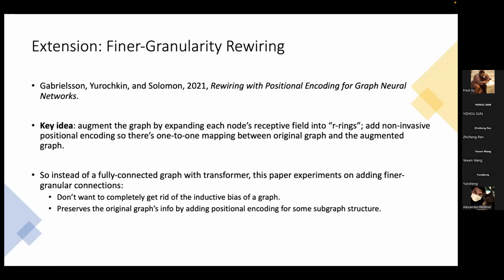Yeah. And then there's some natural extension to the transformer-based approach. Basically, this paper talks about how you don't have to do a fully connected graph on the entire graph. You can simply do some local fully connections, such as an R-ring connection, which is like the R-hop neighborhood of a node. You do a fully connection there and see how that works.